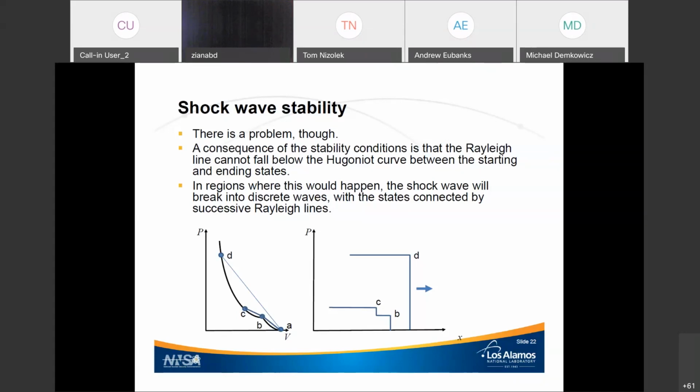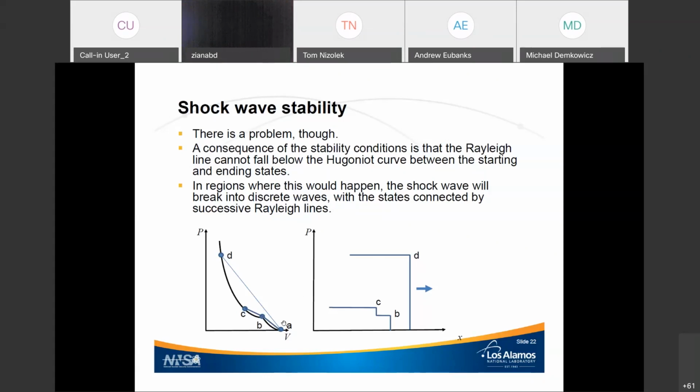I forget the total number of individual waves that have been observed in calcite, but it is quite a large number. So you can have a very complicated situation like this. Now, once you get up high enough where the Rayleigh line no longer has to fall down below any part of the Hugoniot, then you go back to a single wave.